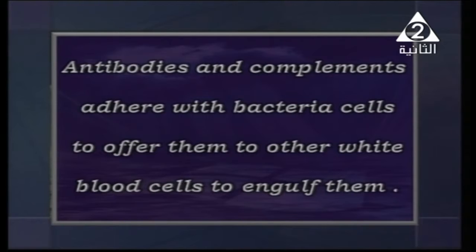To expose them, to make them very clear to the white blood cells, to engulf them. If the antigen or the bacterial cells are not observed, there is no engulfing and no destroying of these pathogens. So the antibodies, the 5 types, and the complements adhere and stick with the bacterial cells, and they expose the bacterial cells to the white blood cells for engulfment or destruction.